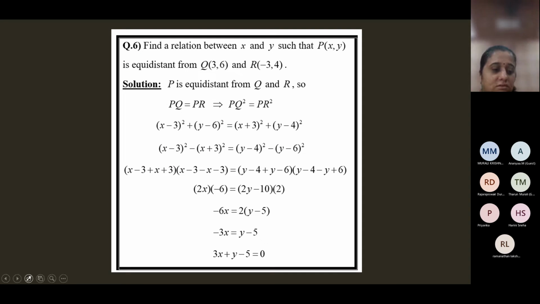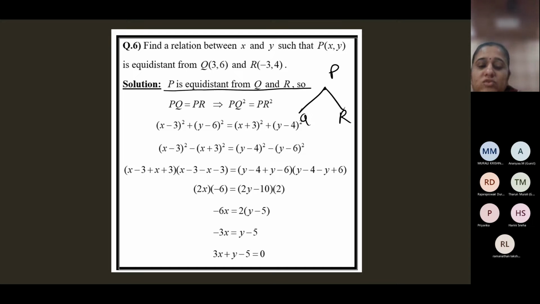So see here. P is equidistant from Q and R. So that means you can draw this figure like this, children. P here, Q and R here. So PQ is equal to PR, or PQ square is equal to PR square. So then you know how to substitute all this.